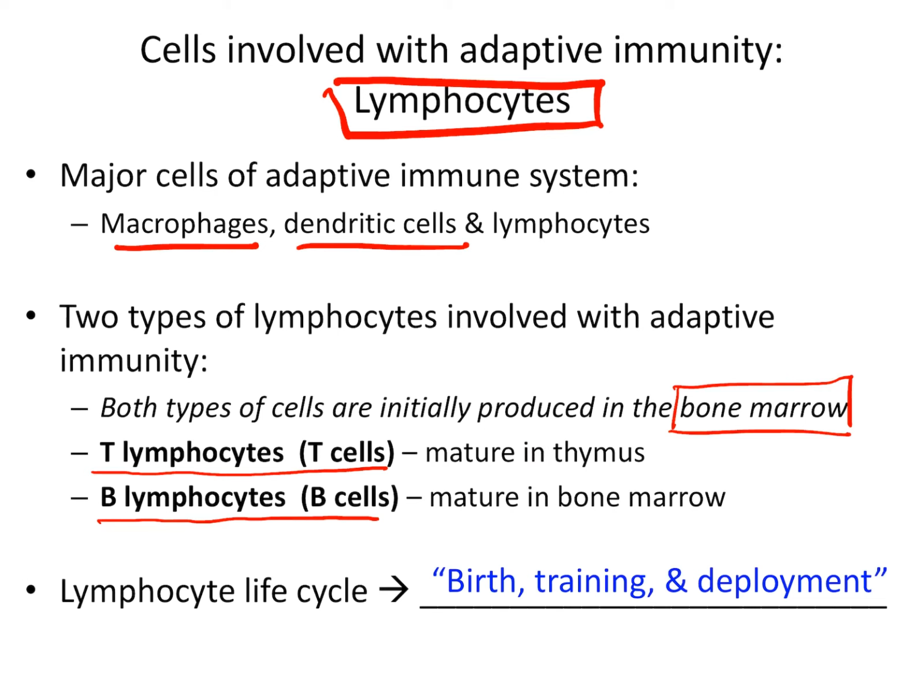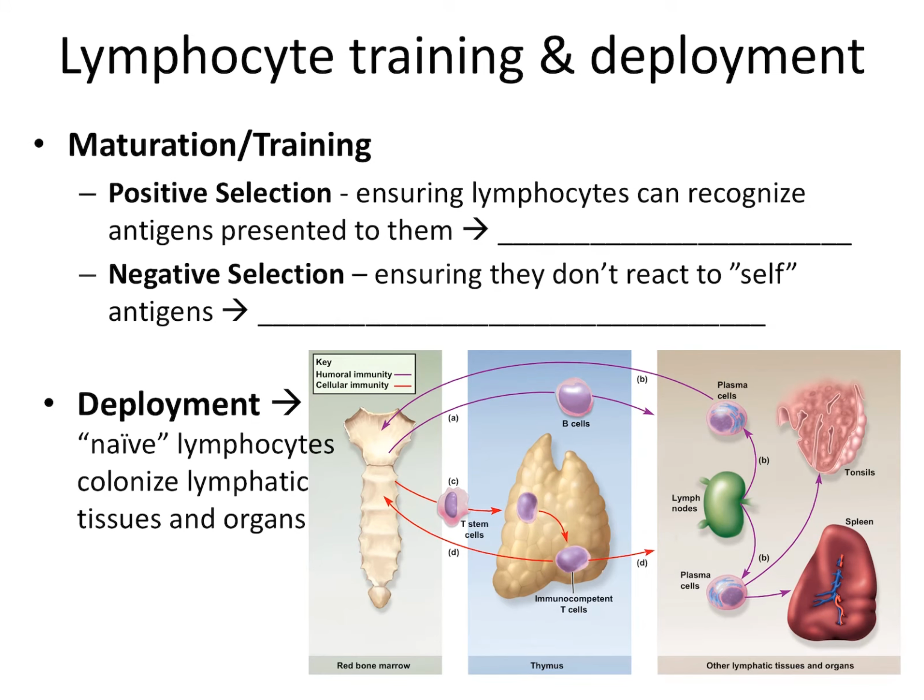So let's take a closer look at this training or maturing process that the lymphocytes have to go through. I really do like this picture here, so you can see that the T cells are going to migrate to the thymus, and within the thymus, they're going to undergo this very arduous training process.